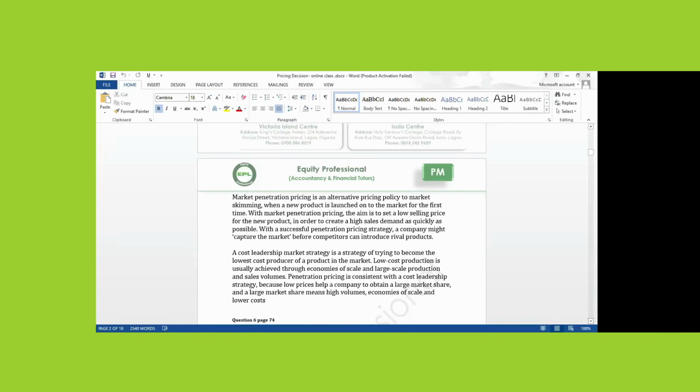If you are able to produce at a low cost, then you can afford to charge a low selling price. When you charge a low selling price, customers will patronize your product. You are going to achieve higher sales volume. Most customers will want to buy your product because it's cheap.